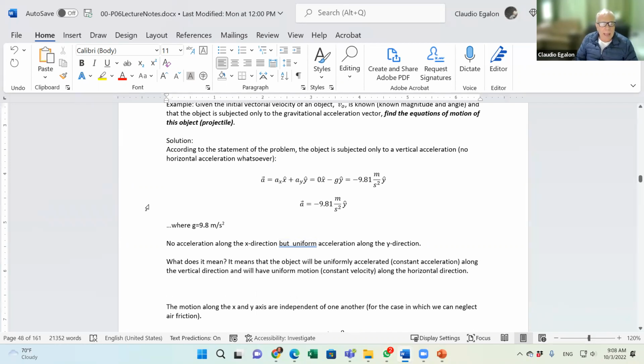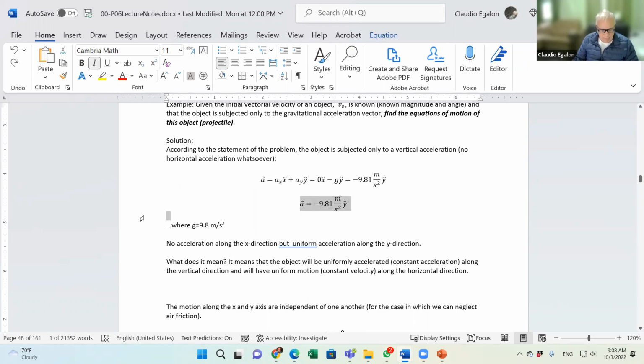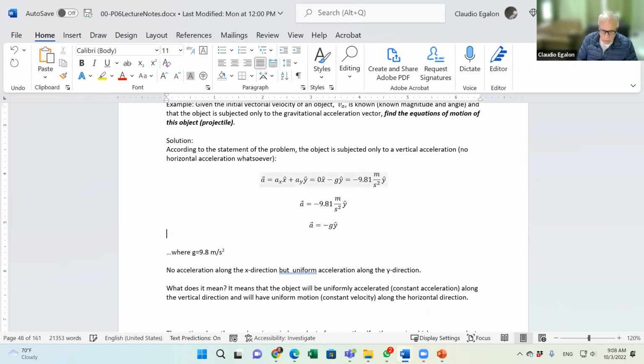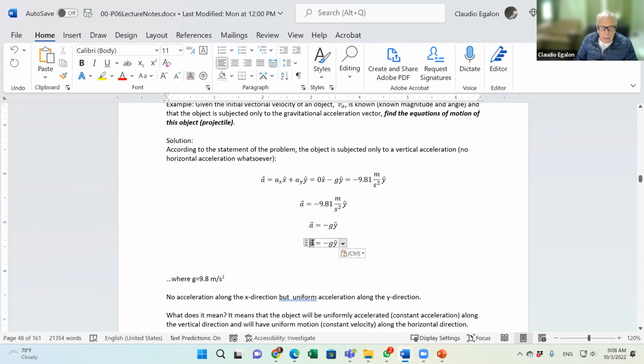Okay. So the situation is going to be like that. If you have constant acceleration along the y direction, instead of using the number, I'm going to put the letter here. I prefer to use letters rather than numbers. The letters give a sense of more generic value. Let's not forget that it's going to be minus g because g is always taken as being positive, greater than 0.